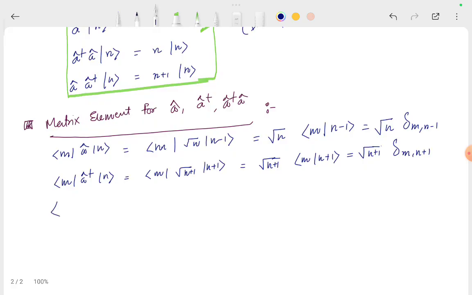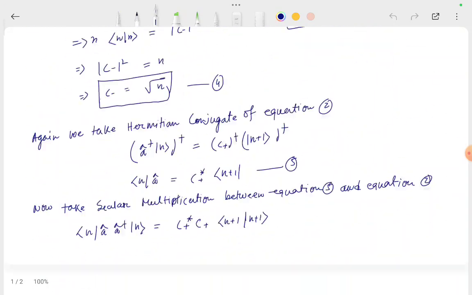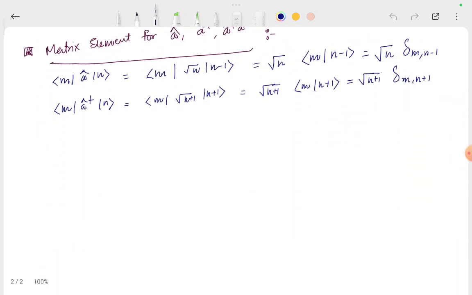And <m|a dagger a|n> is the number operator. For the number operator acting on the n state, we already know what we get: n times n ket.